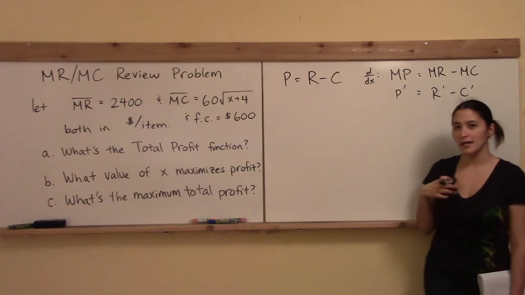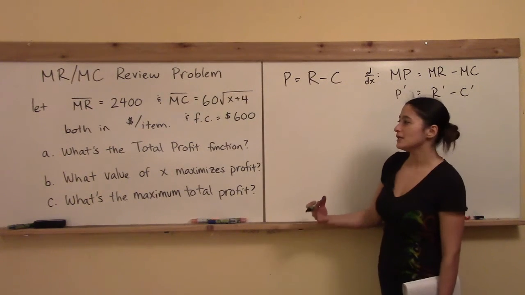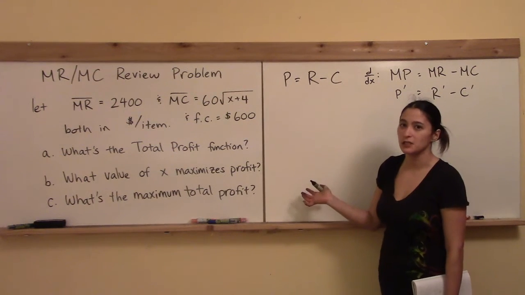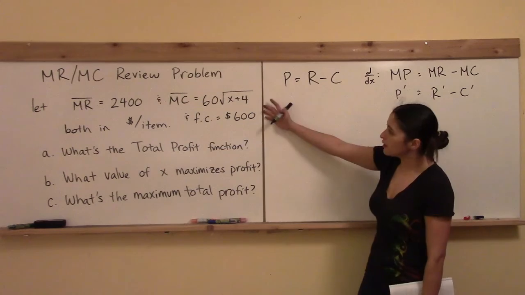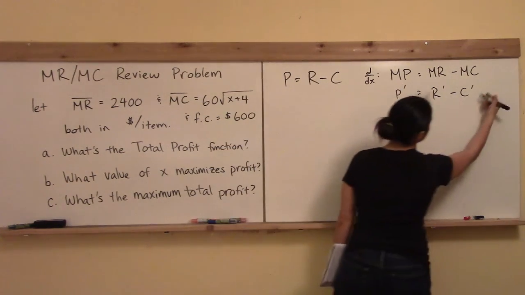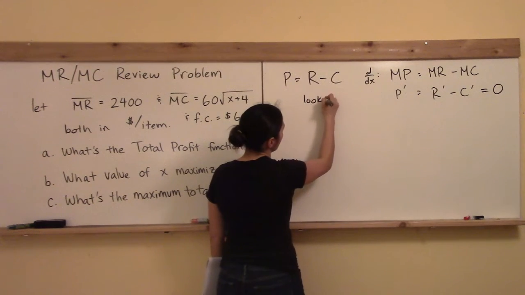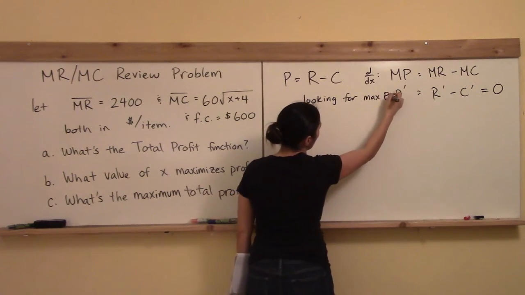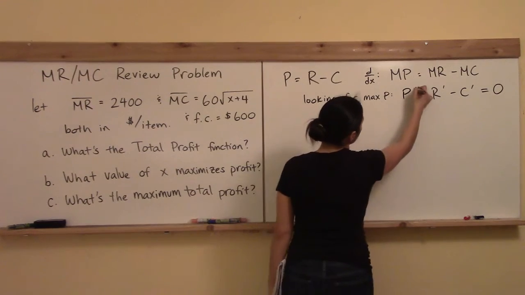Right? So I claim that I can answer part B without doing any integrals because my general strategy for maximization, optimization, is to take the derivative and set it equal to 0, and I already have the derivatives right here. And funny thing is, if I set the derivative of profit equal to 0, which is what I do if I'm looking for max P, I would take the derivative of P and set it equal to 0.